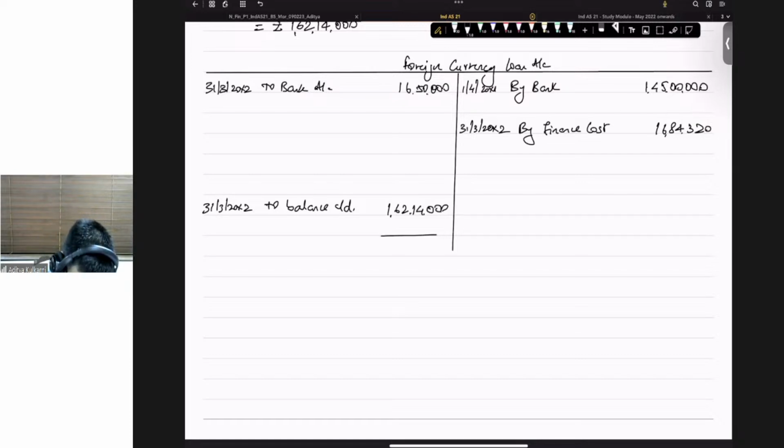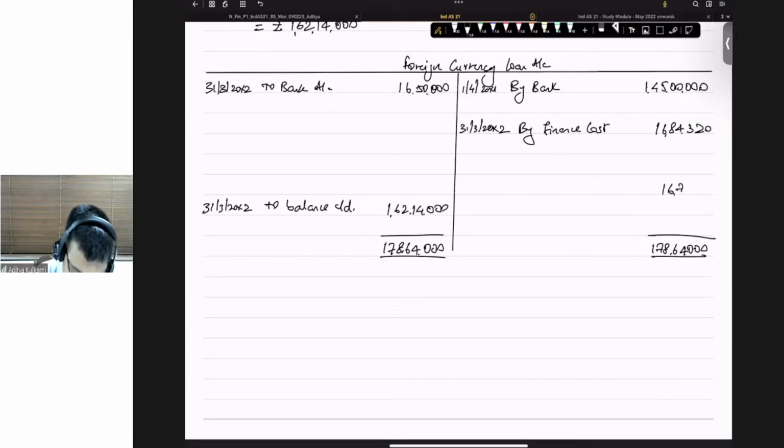Now all that you have to do is just balance the account. The total is 1,78,64,000.